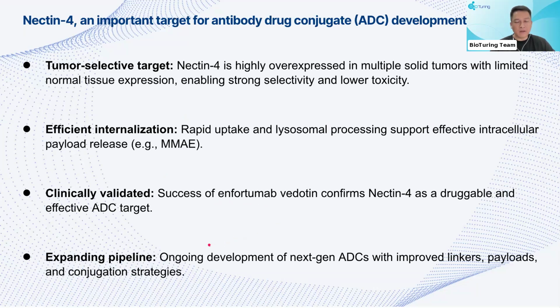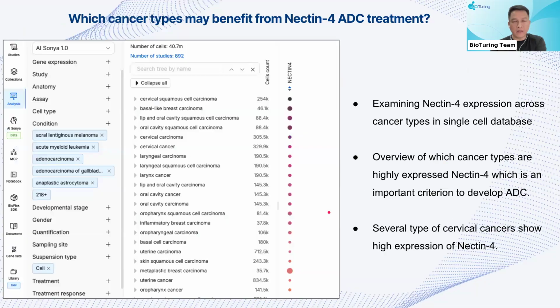And recently, the pipeline has been expanding with next generation ADCs, improving the linker payload and also conjugation strategy to make better ADCs with Nectin-4. Okay, so that's the overview of the target we have today.